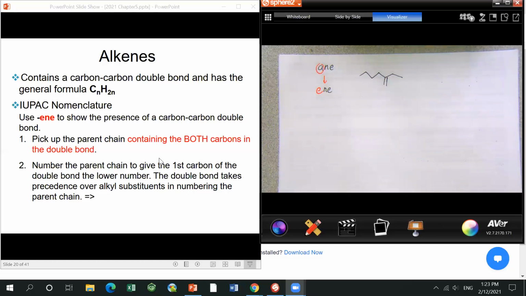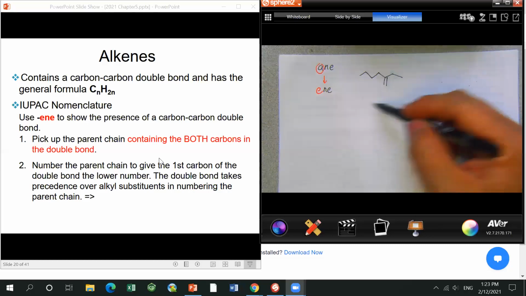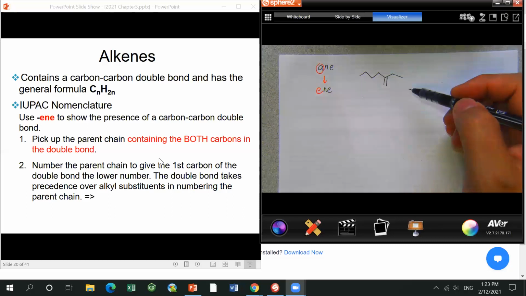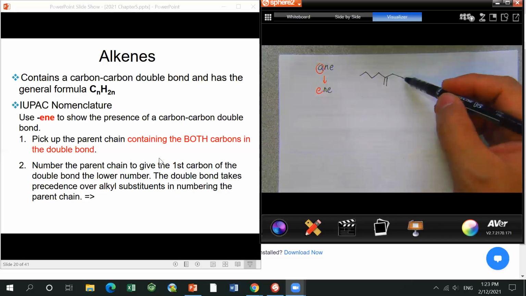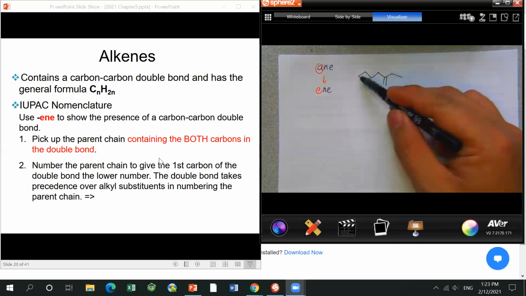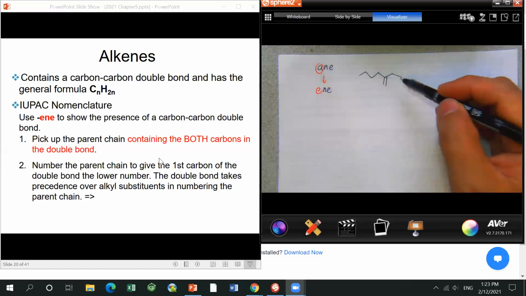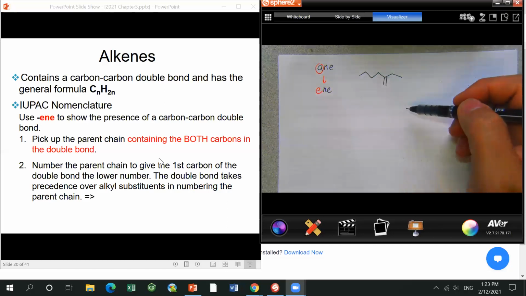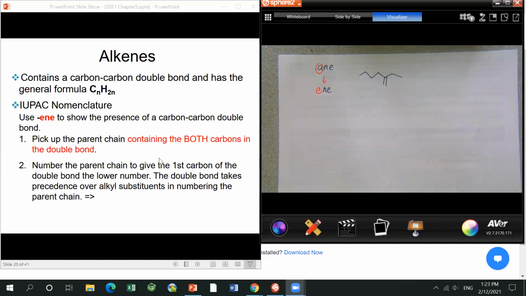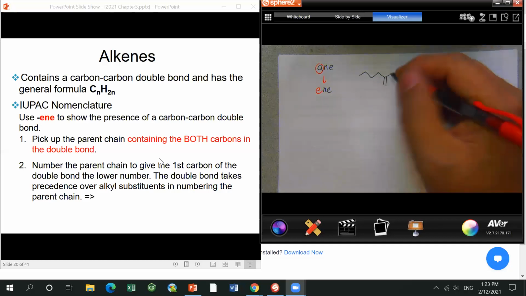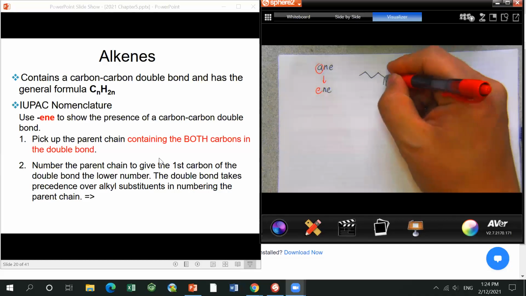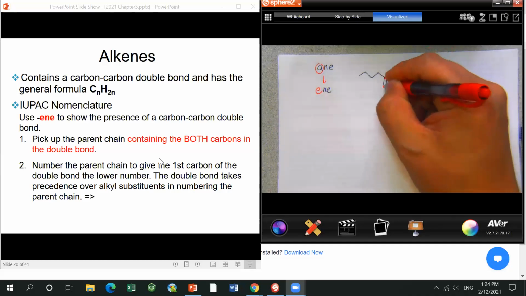All right, so for example, this molecule, we try to name it. The long carbon chain looks like this straight line, so that's 1, 2, 3, 4, 5, 6, 7, 7 carbons. But here we need to name it as an alkene. So when you pick the long carbon chain, you need to include both carbons of the CC double bond.